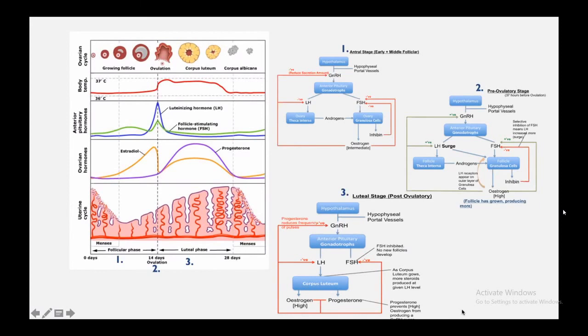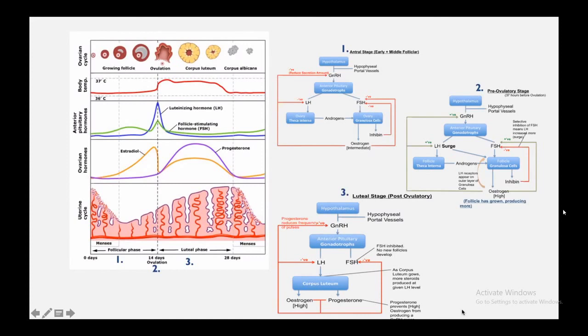But what's important in combined oral contraceptive mechanisms is how they act on the luteal stage. In the luteal stage, as you know, you'll have the corpus luteum, and you have LH and FSH released by the anterior pituitary. LH then acts on the corpus luteum to produce estrogen and progesterone.